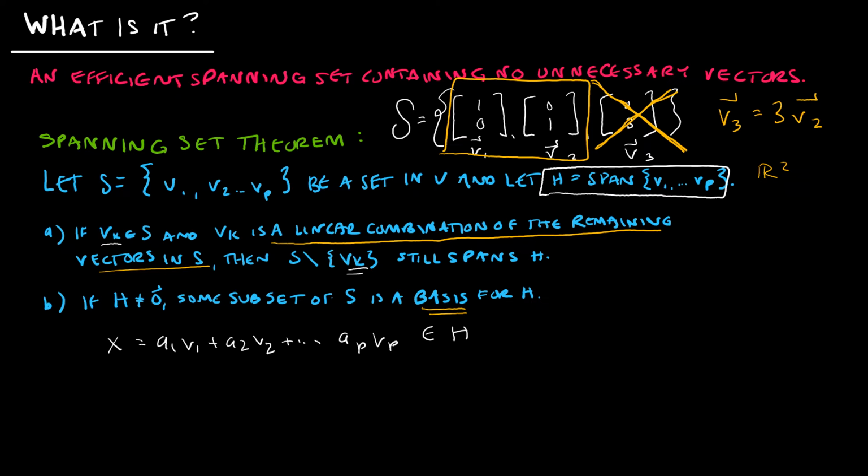All right, let vp be my arbitrary vector that can be written as a linear combination of the other vectors.